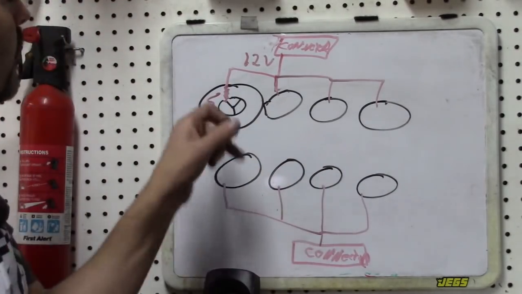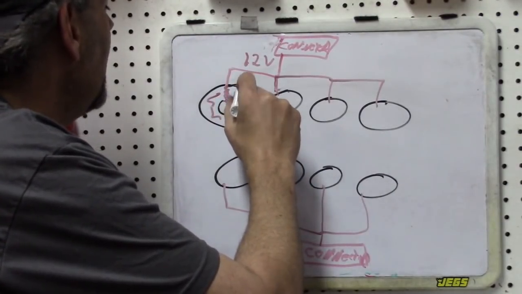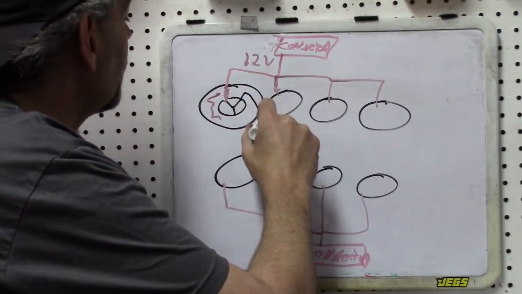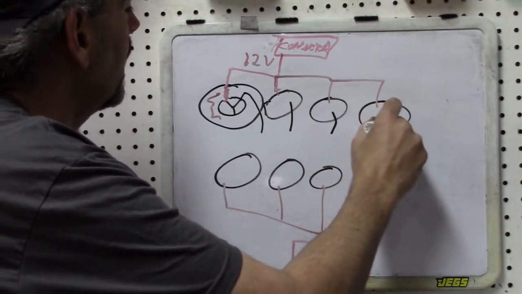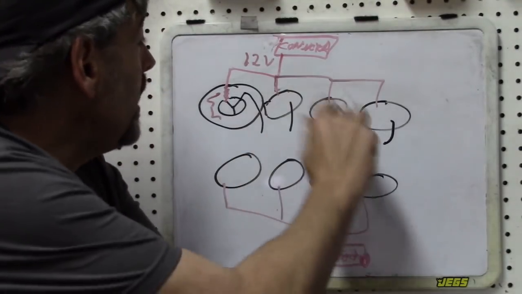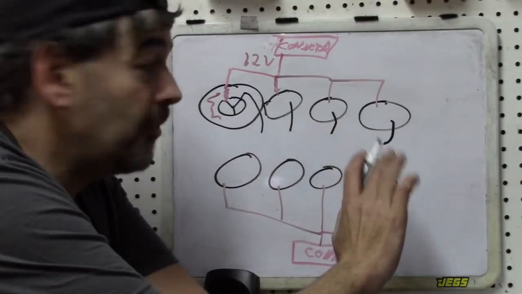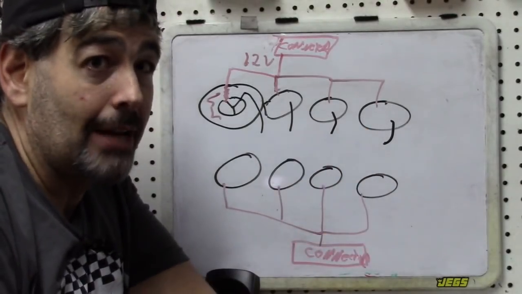We know, based on the design of this system, this has to be a ground, okay? So I'm going to draw this ground down here. There's going to be a ground here, and a ground here. Now, again from experience, we know because this is a 4-wire system, these grounds aren't going to the PCM like the previous design we looked at.